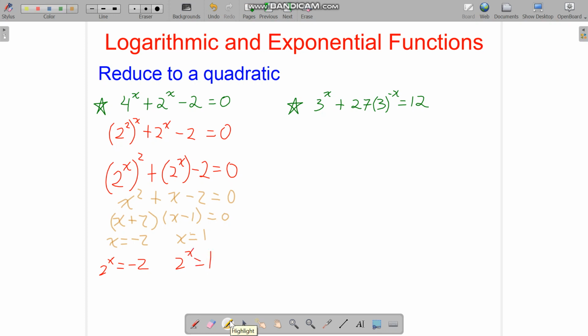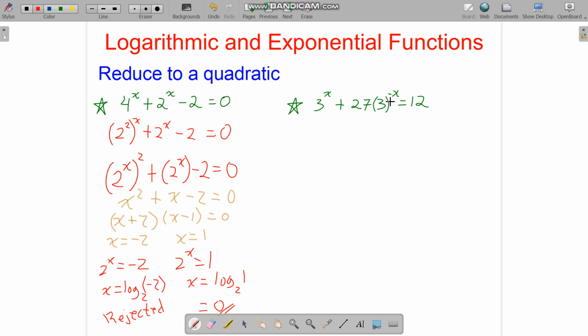And now we log both sides, we get x equals log minus 2 base 2, which is of course rejected. The argument cannot be negative. If you use a calculator, you get a math error. And here you get log 1 base 2, which is 0 actually. So the only answer is 0.